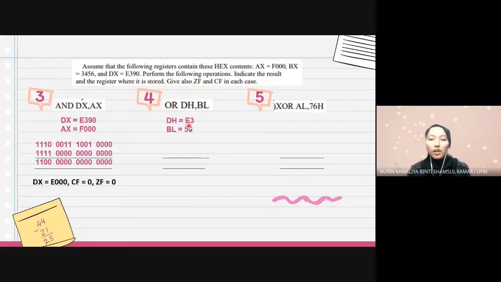So for the DH, from the DX, we will take E3 as DH, and from the BX, they want BL, so we will take 56. If the question asks you for DL, then you will take 90. If the question asks you for BH, then you will take 34. So these two data, you OR it and tell me what you get.